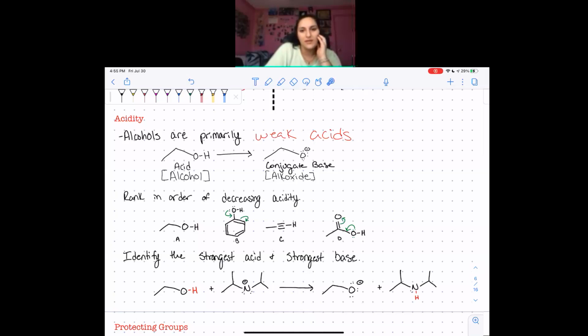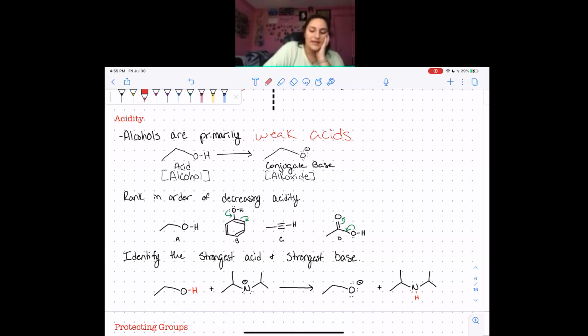The other part of this that you should know is ranking the order of acidity. So as we know, triple bonds are more acidic than double bonds, which are more acidic than single bonds. However, if something is bonded to an oxygen, that's much more acidic than if it was bonded to a carbon.